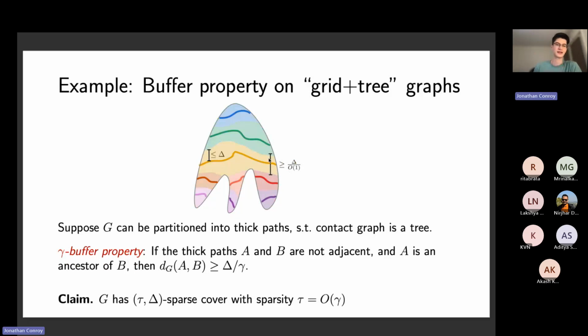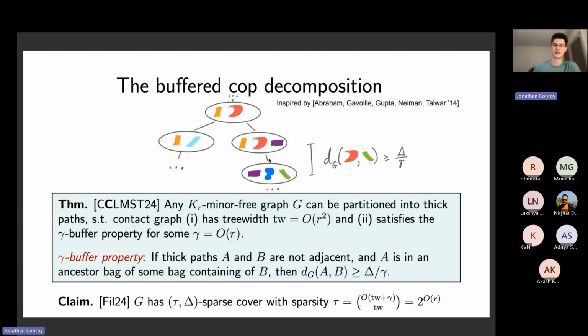Of course, our theorem for minor-free graphs is that G can be partitioned into such thick paths such that the contact graph has bounded tree width. So we want to define this gamma buffer property similarly to the tree case. If you have a minor-free graph G that can be partitioned into thick paths where the contact graph has bounded tree width, the gamma buffer property is defined as follows.